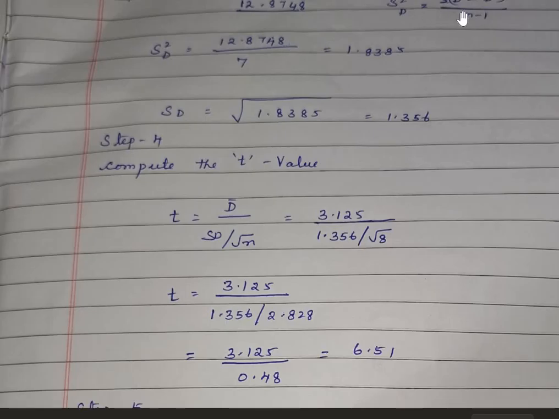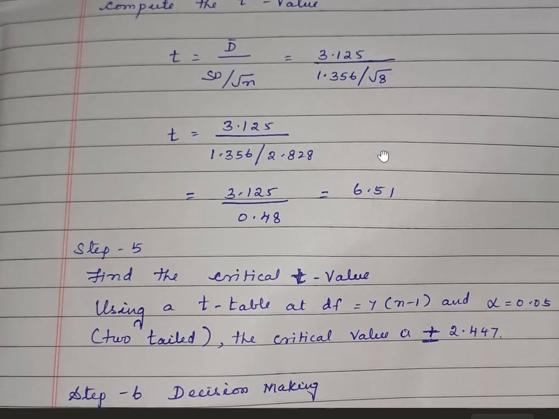Divided by n minus 1, we get 1.8385. Taking the square root, we get the standard deviation, 1.356. Then we substitute in the t formula: t equal to average of d divided by standard deviation divided by root of n. So 3.125 divided by 1.356 divided by root of 8. Simplifying, we get 6.5. This is the calculated t value.